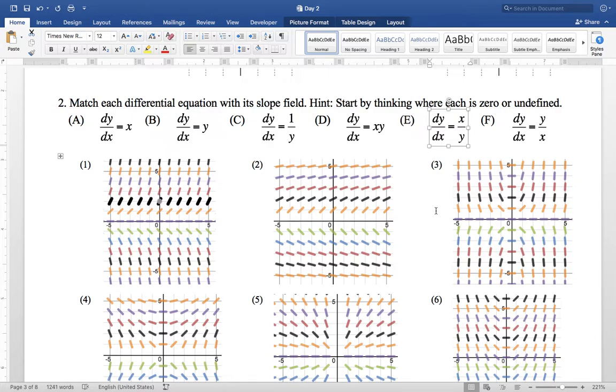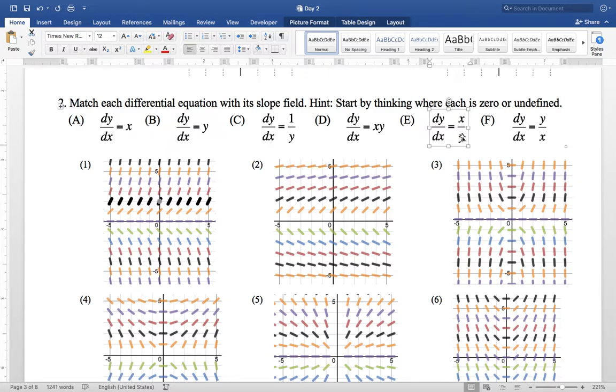One thing that you can look for as well is thinking about the overall size of the slopes. Let's think about E. In this differential equation, the y-coordinate is in the bottom of the fraction, okay? Which means that as you increase the y-coordinate, the slope should decrease in magnitude, right?